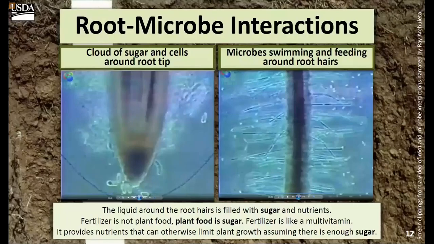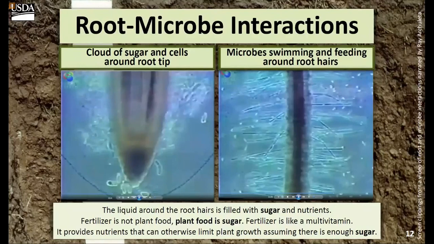So these are two screen clippings from a video that was narrated by a soil health guru, former NRCS, Ray Archuleta. The one on the left has a cloud of sugar and cells around a root tip, and each one of these little cylindrical blobules in there are microbes that are swimming around in this cloud of sugary goo around the roots.